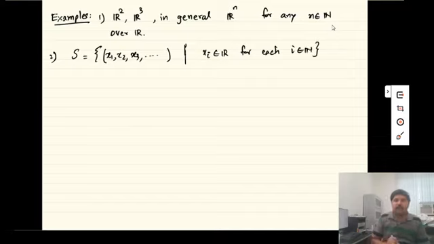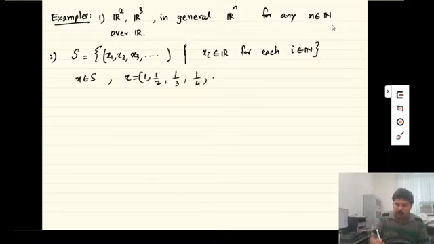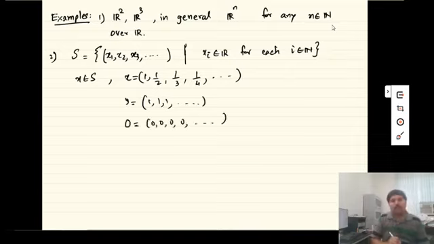So what are the typical elements of this set? x belonging to S means that x is a sequence. For example, I can look at the sequence 1, 1/2, 1/3, 1/4, and so on. So this is one sequence. I can look at another sequence which is just all ones. I can look at the zero sequence, which is nothing but 0, 0, 0, 0, all the time.